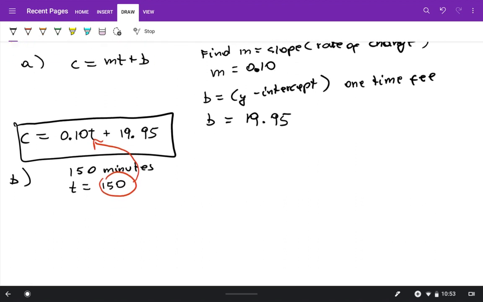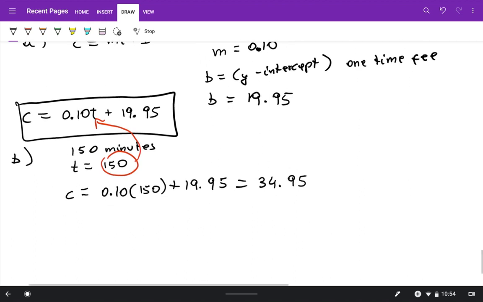Okay, so the charge will be C equals 0.10, 10 cents, times 150 minutes plus that one-time fee, which is $19.95. And that's going to be equal to 34.95.